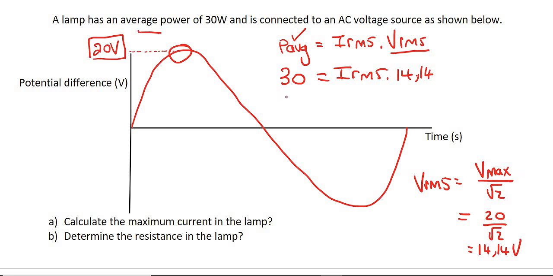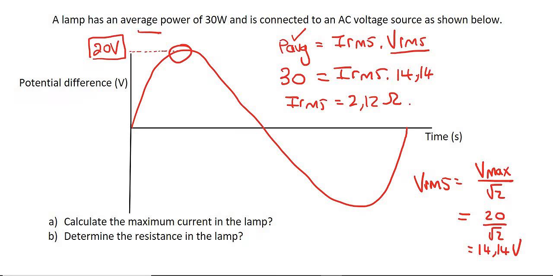Then you get I RMS alone by saying 30 divided by 14.14, and that's going to give us 2.12 ohms. Sorry, not ohms, what am I talking about? Amps, that's current. But the question wants us to find the maximum.